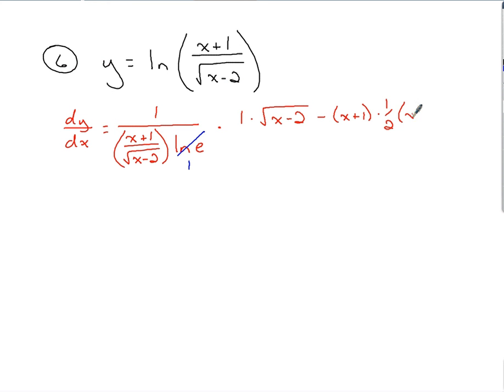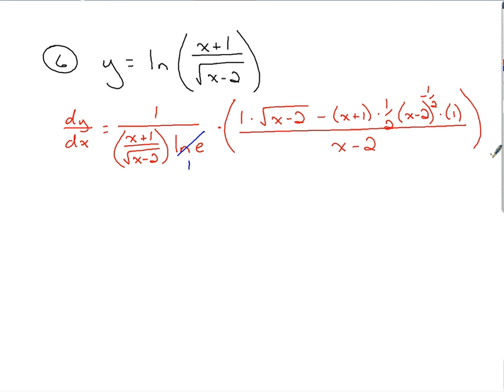Derivative would be 1/2 x minus 2 raised to a power of negative 1/2 times derivative of the inside, which is just 1. And this is all over bottom part squared. So x minus 2 is a root squared. Could just say x minus 2.